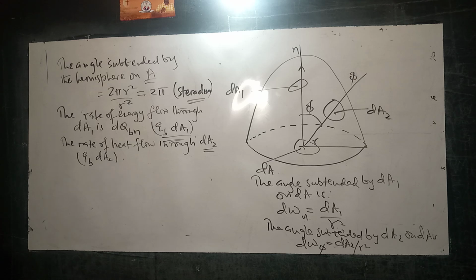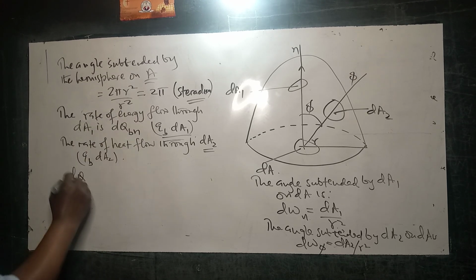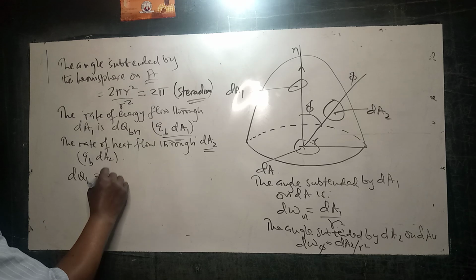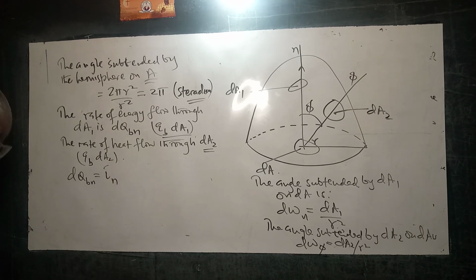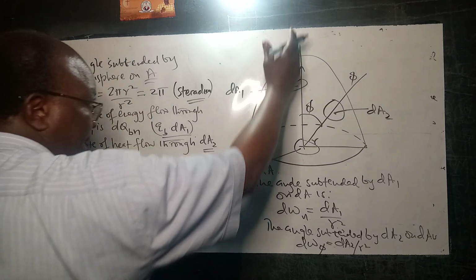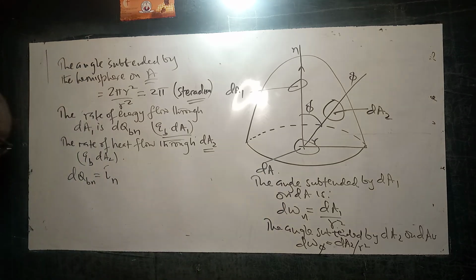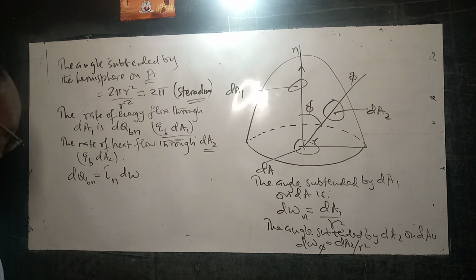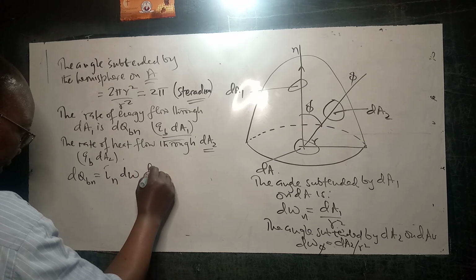And in general, these rates of heat flow, dq, will be given by the intensity of the radiation along that line, that normal, times the angle subtended on dA.